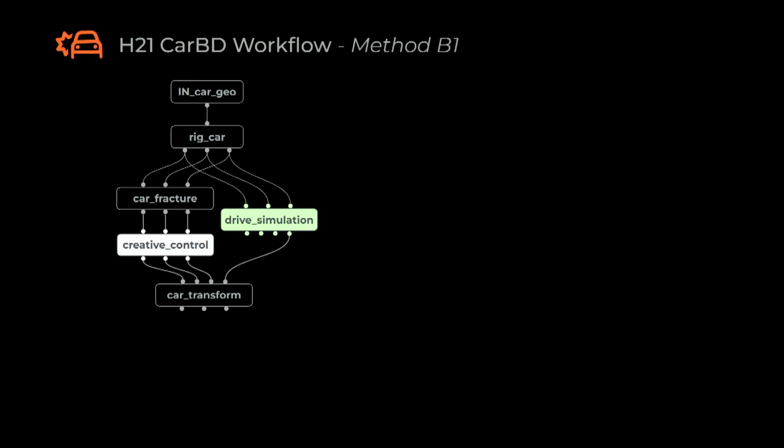For the dual crash simulation, I fractured the car maybe twice or thrice when I was updating the car rig. But when I was tweaking the drive simulation, I was playing around with the acceleration, the brake, and the steering. And I could iterate on that as much as I wanted without having to refracture my car, because those were updates that didn't really affect my fracturing. And after this, again, more creative control, and then you can crash your car.